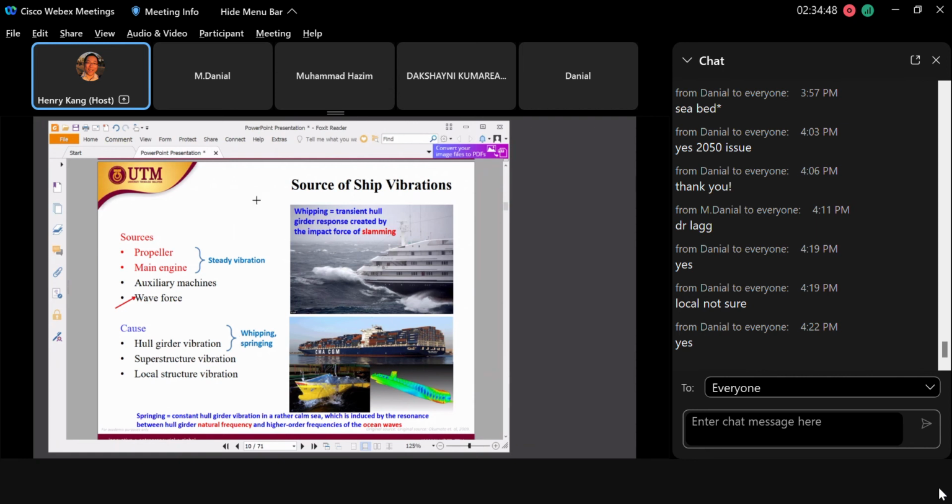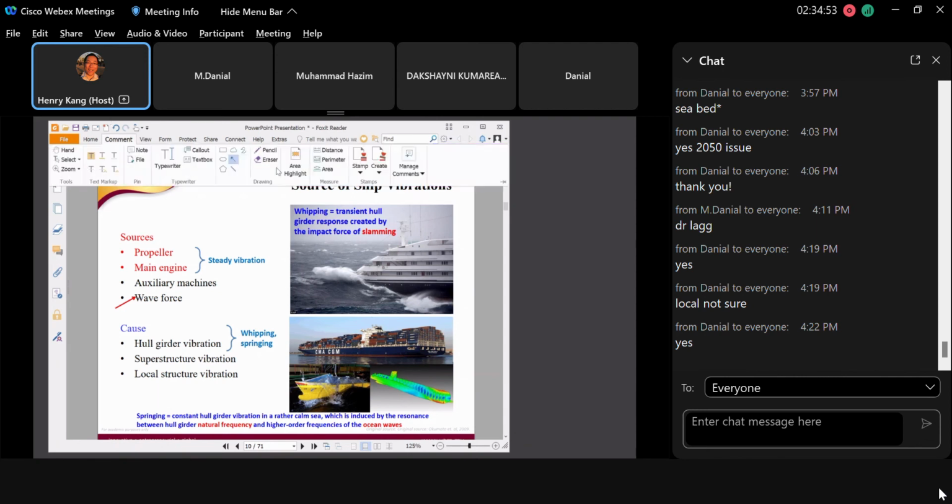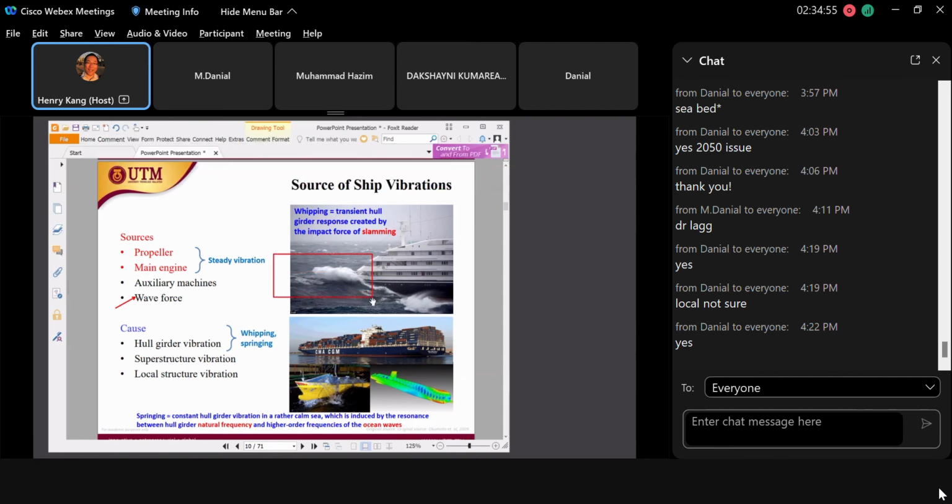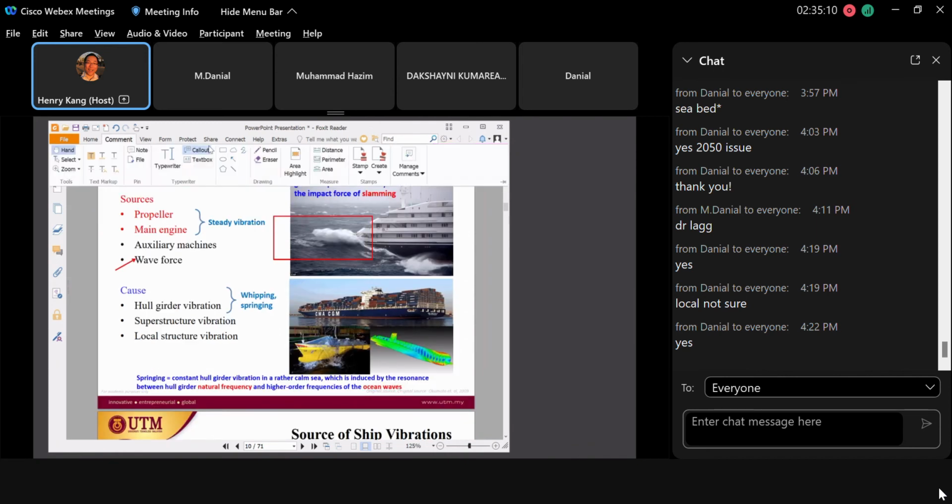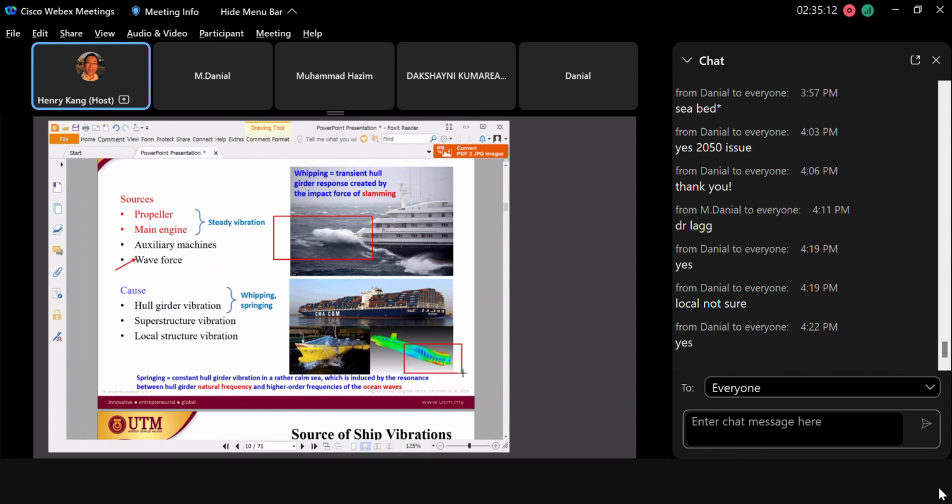The wave force at a certain level can cause a very huge force acting on the ship structure, so that you can even see deformation or torsion effect on the ship structure.